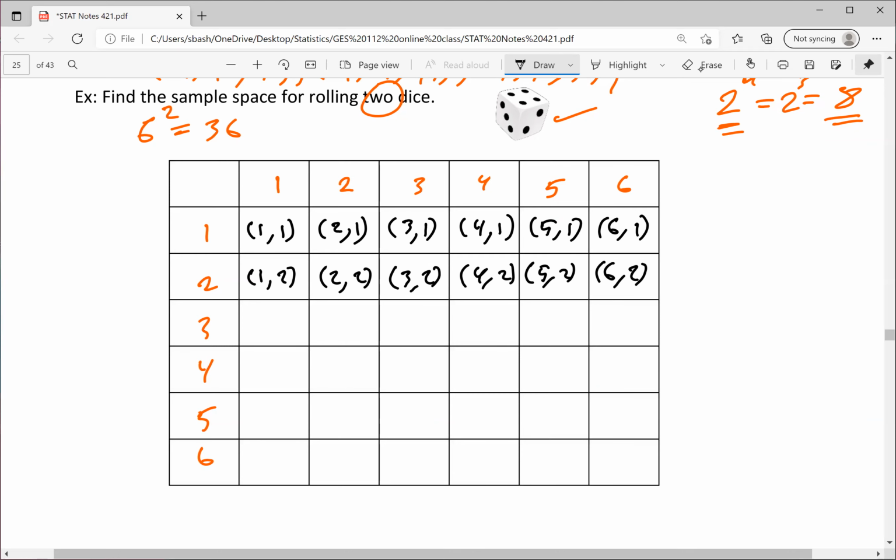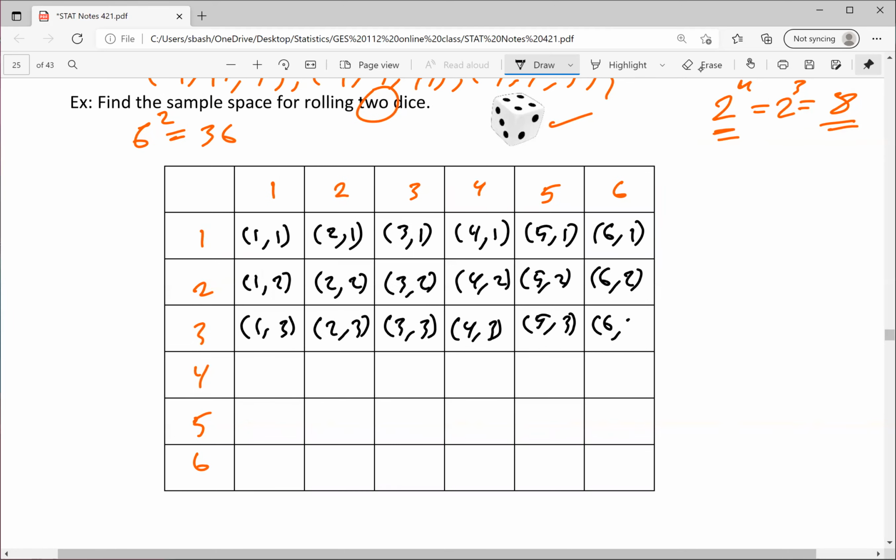And keep going like this until the end. 1 and 3, 2 and 3, 3 and 3, 4 and 3, 5 and 3, 6 and 3. Then we have 1 and 4, 2 and 4, 3 and 4, and 4 and 4.